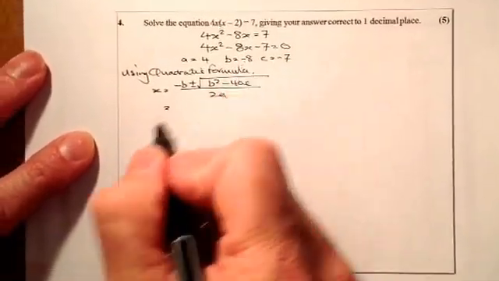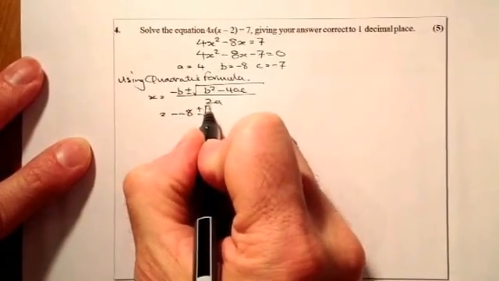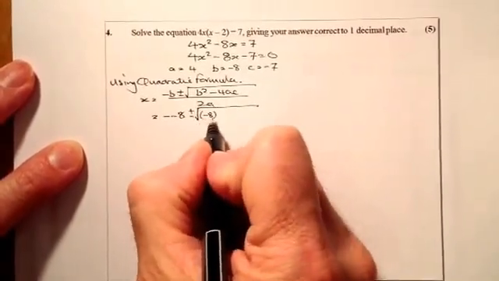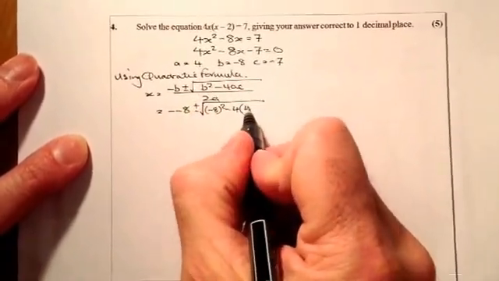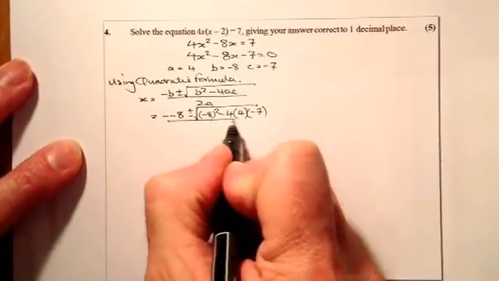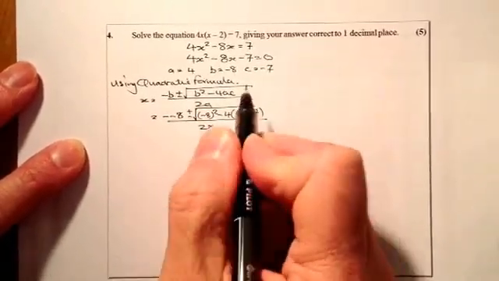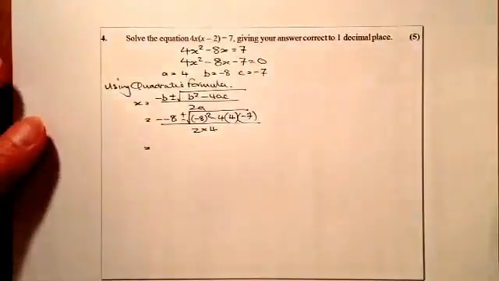So I've got minus 8, so I'll just put it in as that this time round, plus or minus the square root of minus 8 squared minus 4 times the a value, which is 4, times the c value, which is minus 7, all divided by 2 times the a value, which is 4.